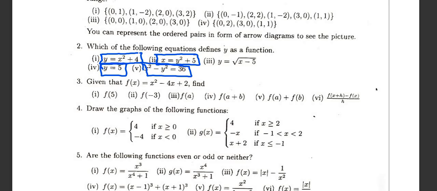So they want it to be specifically in terms of y. So the only ones that are functions in terms of y are simply number 1, number 4, then number 5, and also number 3. The other two are not functions because they are not in terms of x.